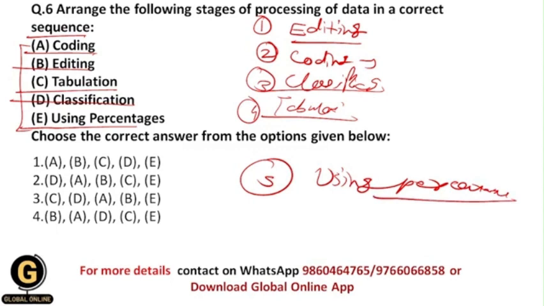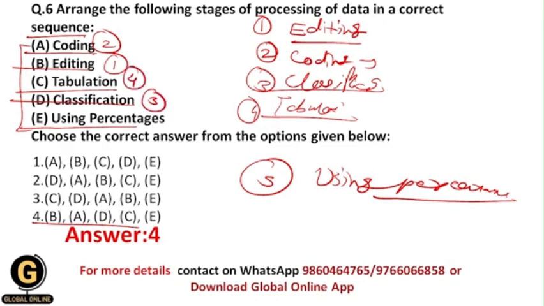Showing the data using percentages will be easier for the readers to understand exactly what amount of data is available. Okay, and that's why your correct answer should be 4, which is BADCE, because over here B, editing, will be your first stage, coding will be your second stage, classification will be your third, tabulation fourth, and using percentages will be the fifth stage.